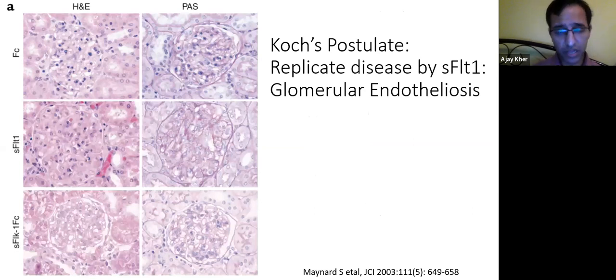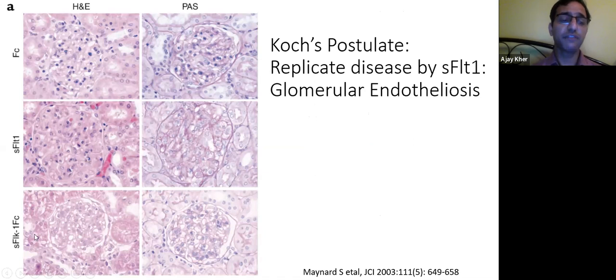And then in the same experiment, they looked at the kidney biopsies, and they show that what you see in the kidney and in the glomerulus is something that you see in preeclampsia, which is glomerular endotheliosis, where the glomerulus looks full, but it is not cellular or hypercellularity. It is glomerular endotheliosis.